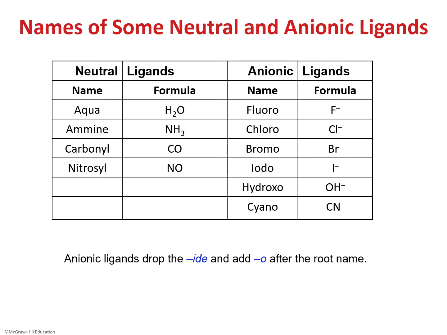Then there is CO, which is carbonyl. Then there is NO, which is nitrosyl. These are the not so common names that you would see. Everything else is very similar and follows the rule that we just saw. So you have to memorize these four: carbonyl, nitrosyl, ammine, and aqua. Don't use water.